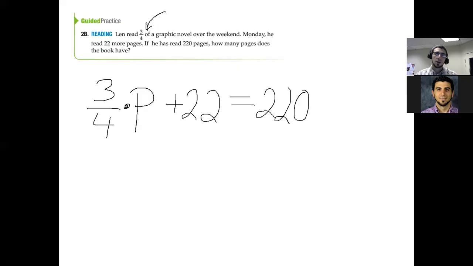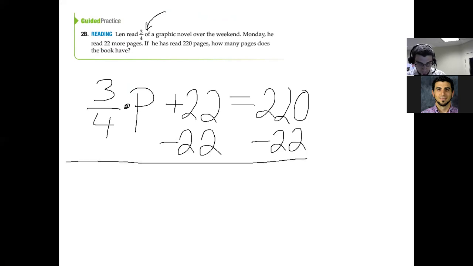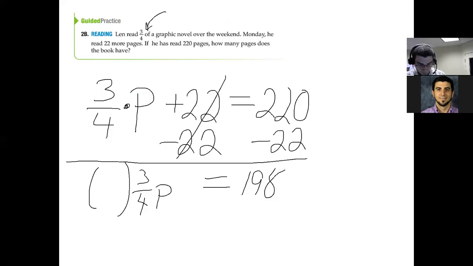All right? So order of operations in reverse, 220, don't add it. You're going to subtract it. So 3/4 P equals 198. Then multiply by 4/3.